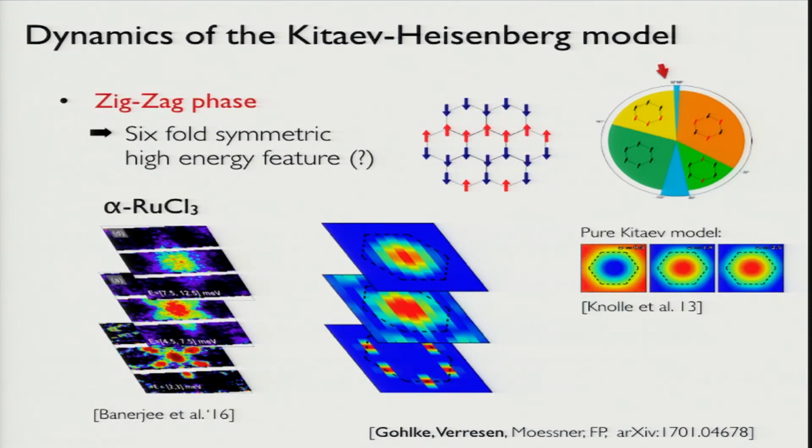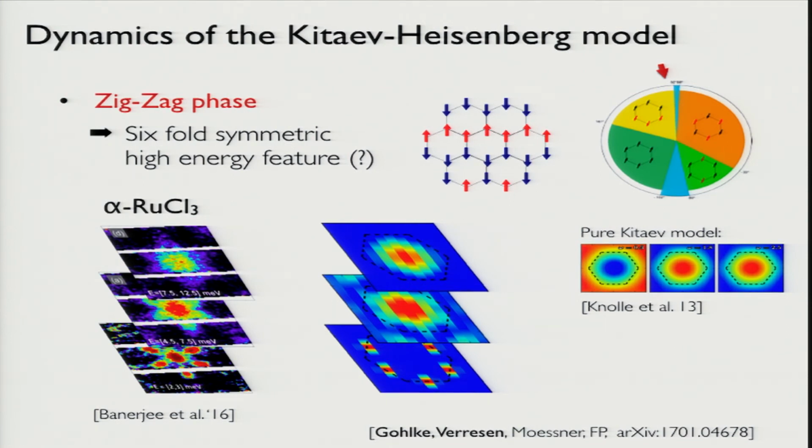And now we can be more ambitious, and say that, well, let us tune into the parameter regime which we think is relevant for certain experiments. I pointed out in the beginning that there are certain materials that resemble this kind of Kitaev physics, and one of them is alpha ruthenium chloride.